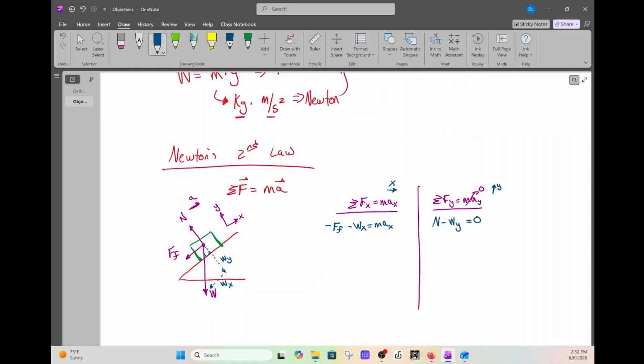And let's say that this is theta here, which I believe this should also be theta. Then we could have minus friction minus W sine theta equals MAX. The normal minus W cosine theta equals 0.